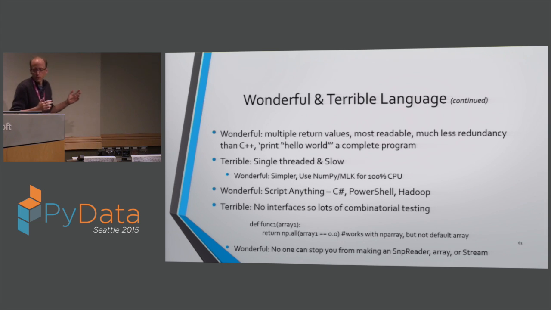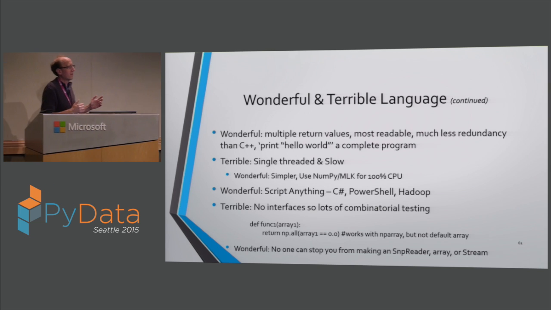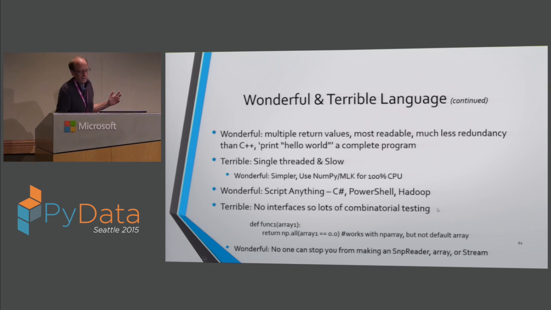It failed because they wrote it for NumPy arrays, and I passed in a regular Python array. And things like equality have a different definition between NumPy arrays and regular arrays. So the two data structures are almost the same interface, but not exactly the same. So to test that, you have to basically test all combinations of your types.